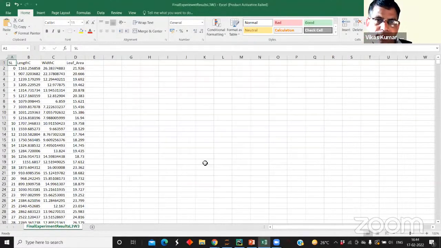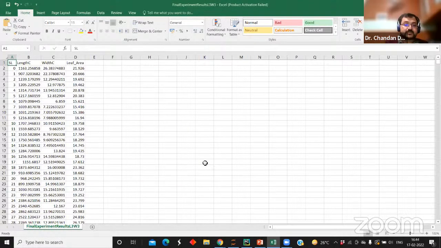Okay, thank you. So what was the experiment? I hope it will give some idea in your own field to implement this SVM. It was experimented at NRC Orchid, Pakyong, on Dendrobium, and we know that orchid plants are very few, and it is very difficult to destroy even a single leaf to calculate the phenotypic behavior.